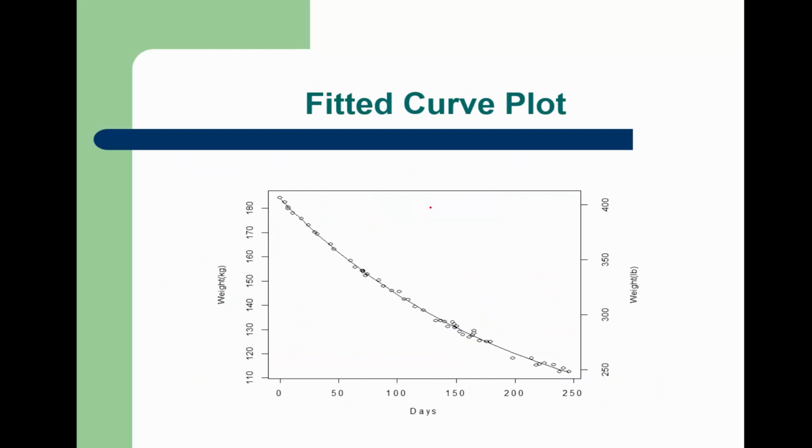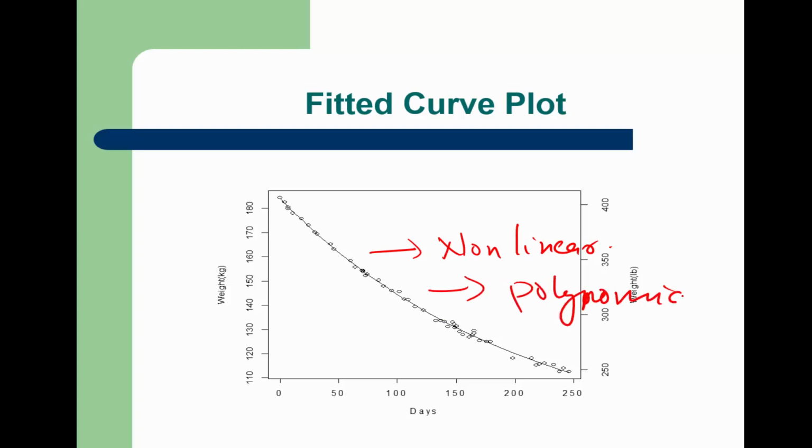So given this equation, you can fit a regression line through this curve, and this is nonlinear in nature. It need not be nonlinear just because it looks nonlinear. You can actually fit a polynomial regression as well, and polynomial regressions are not necessarily nonlinear regression.